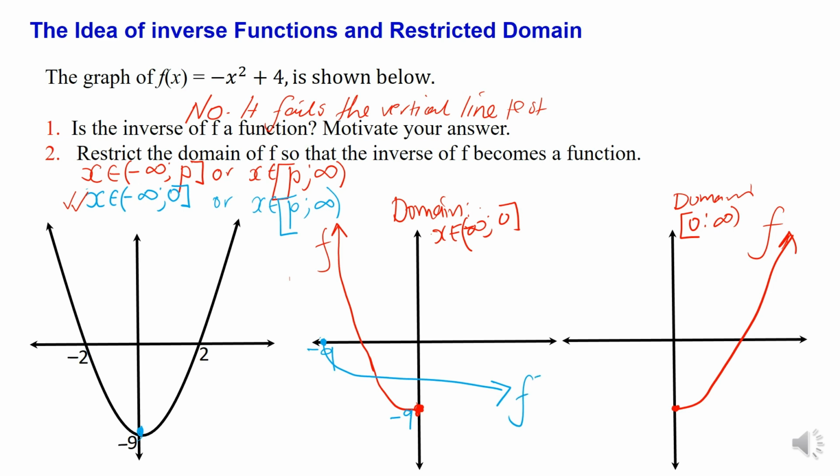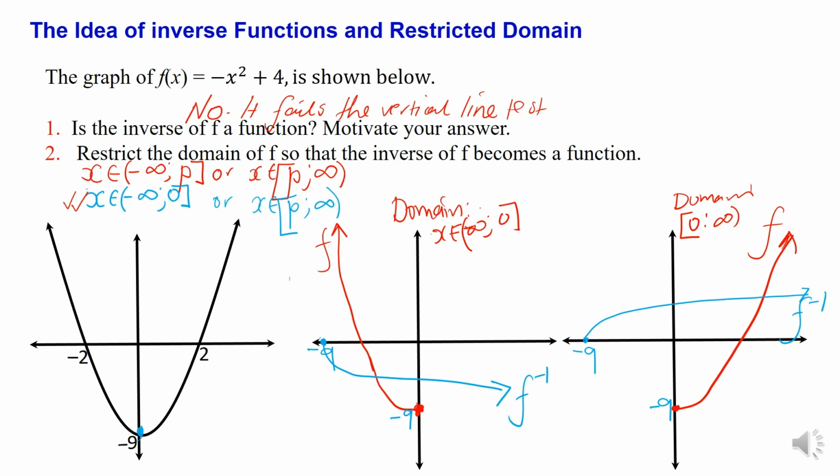This will be the inverse of my function. Then in this one, this is -9. The graph is going in that direction. So the graph will also start at -9 on the x-axis. Then it will be a curve going in that direction. This will be my inverse of the function.